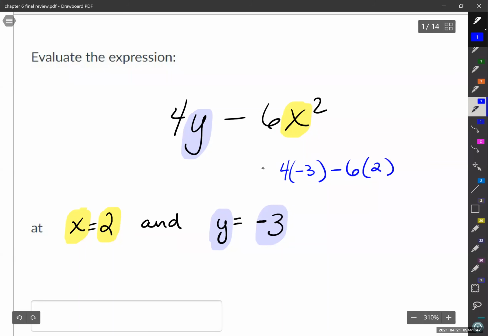Everywhere there's an x, we replace it with a 2, and then we simplify. And I believe we should get -36 as our answer.